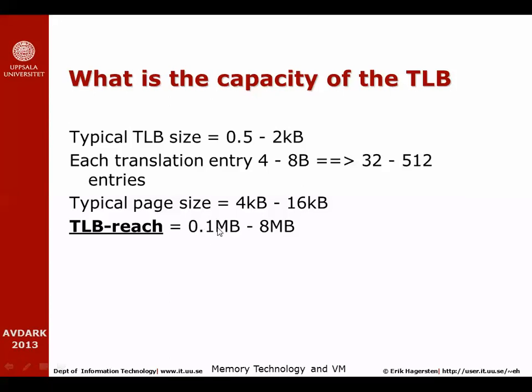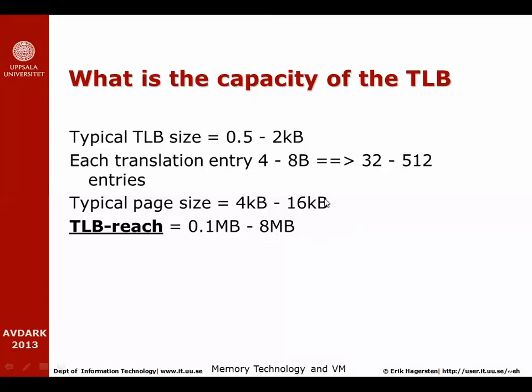You come to about 0.1 megabyte of data that can be translated using these 32 entries. On the high end, 512 entries times the larger pages, you would end up with the TLB reach being 8 megabytes instead.